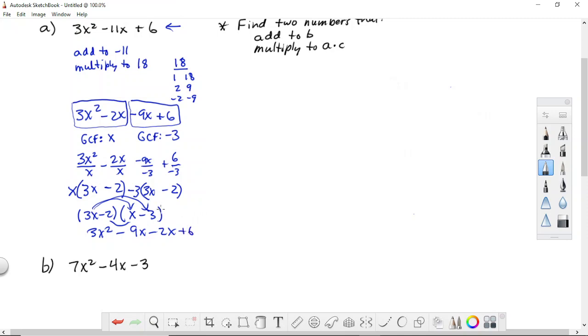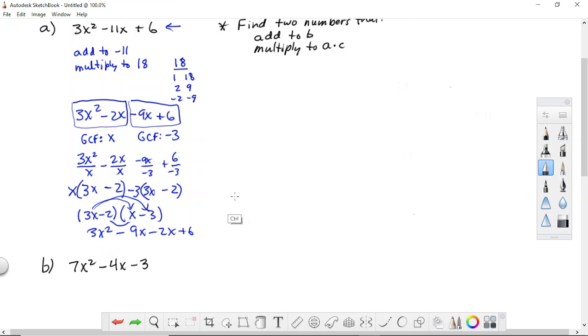You see, when we did this, we get the same thing back there that we split the middle into. So when we split that middle, we got negative 2x, negative 9x, and that's what we have here. They're in the other order, but that's okay. So you don't have to notice that every time or anything. The method just works, and that sort of shows why it works.